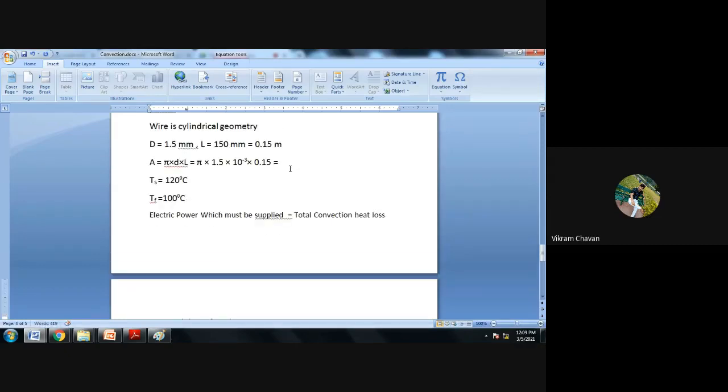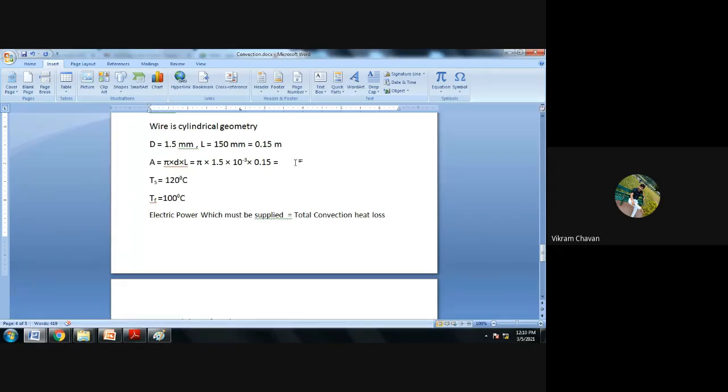Have you calculated this area? What is the value of the area? Can you comment in the chat box? Area value is 7.068 into 10 raised to minus 3, right?